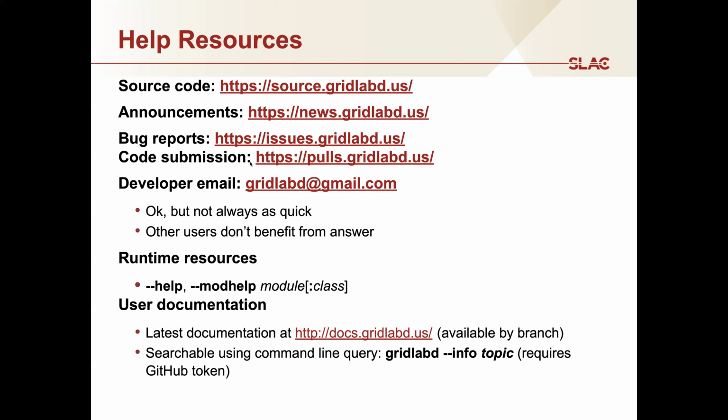So code submissions, for those of you who get to that point, those are found at pulls.gridlabd.us. For those of you who are not familiar with GitHub, a pull request is how you submit code. If you want to write an email to the administrators, developers for the Slack Gridlab-d team, it's gridlabd@gmail.com.